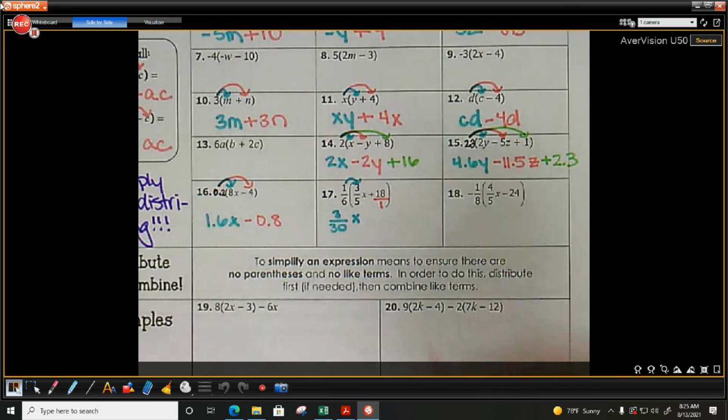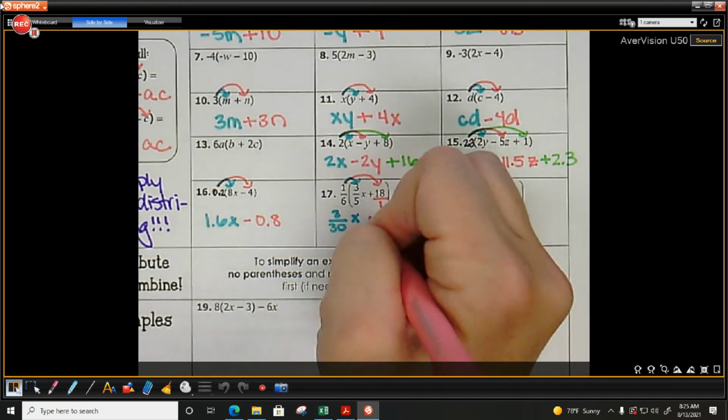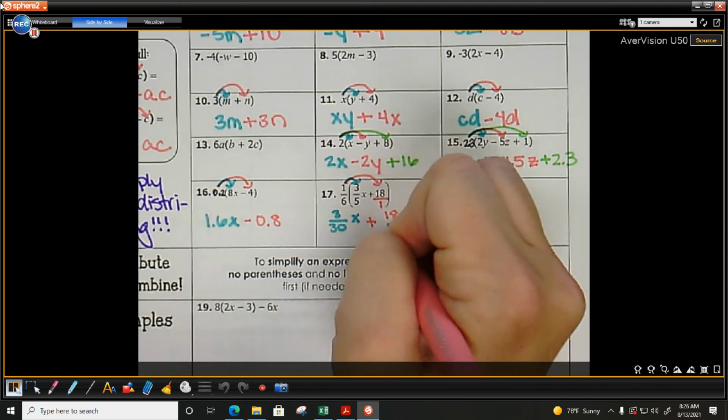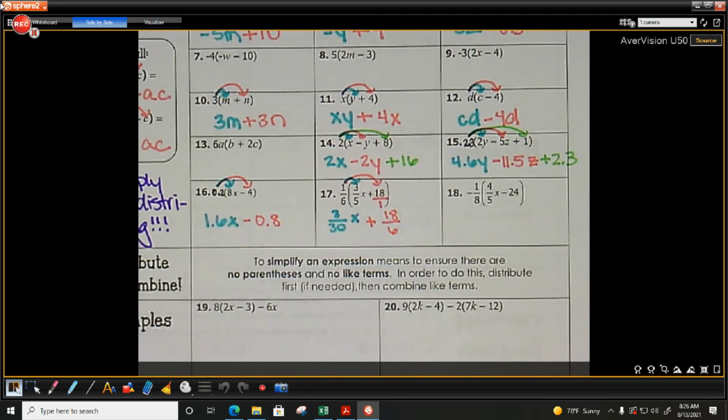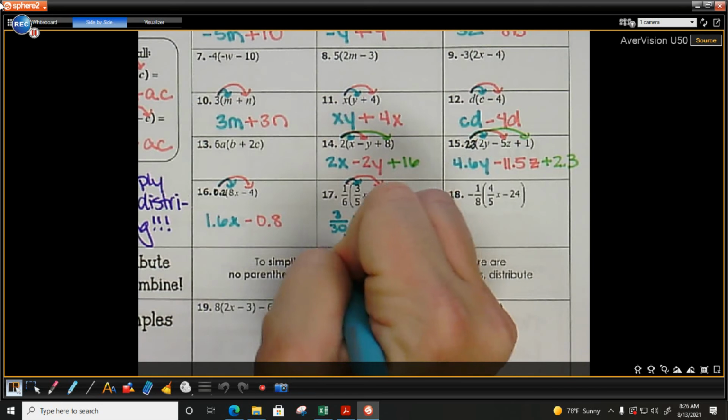And 6 times 1 is? Okay, let's simplify this though. When you have fractions, a lot of times you can simplify. 3 over 30, what can that become? 1 over 10. So this is really 1/10 x. And then what's 18 over 6? 3.